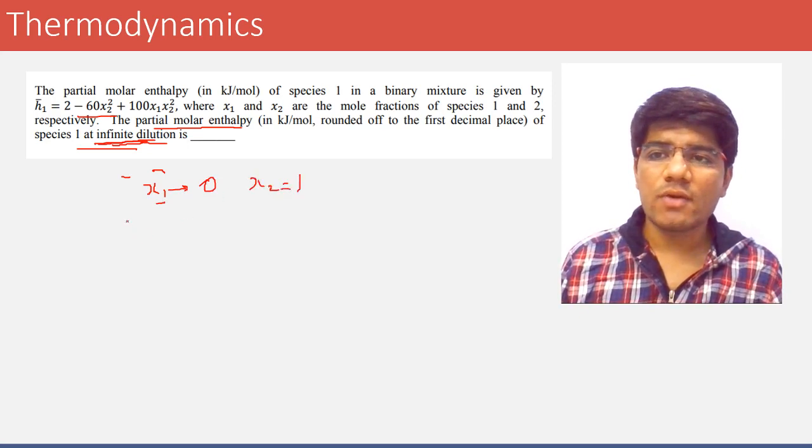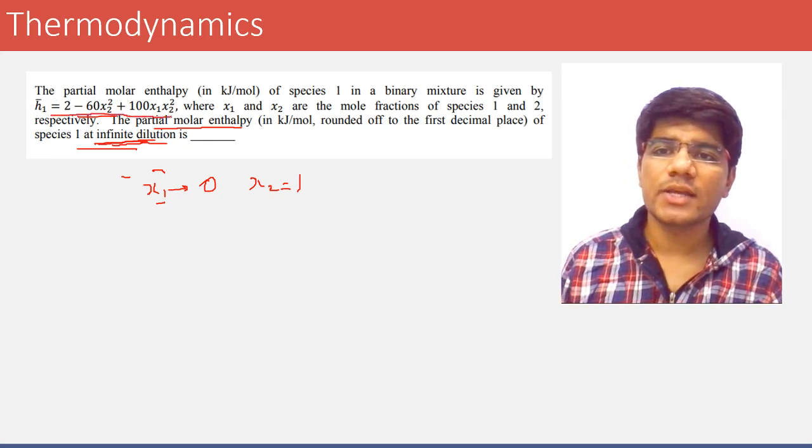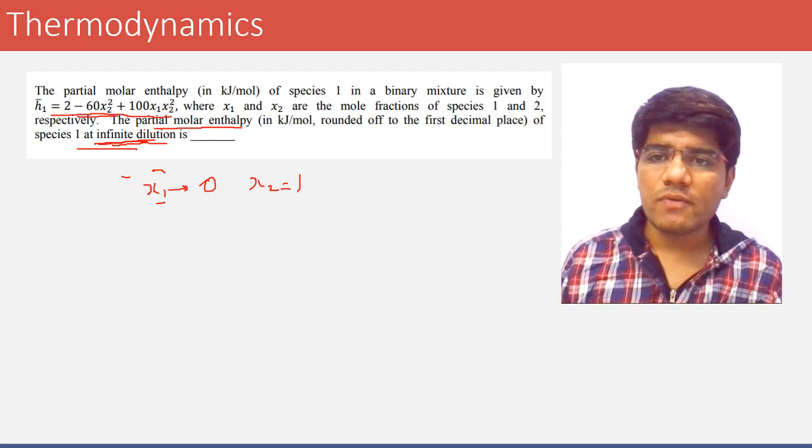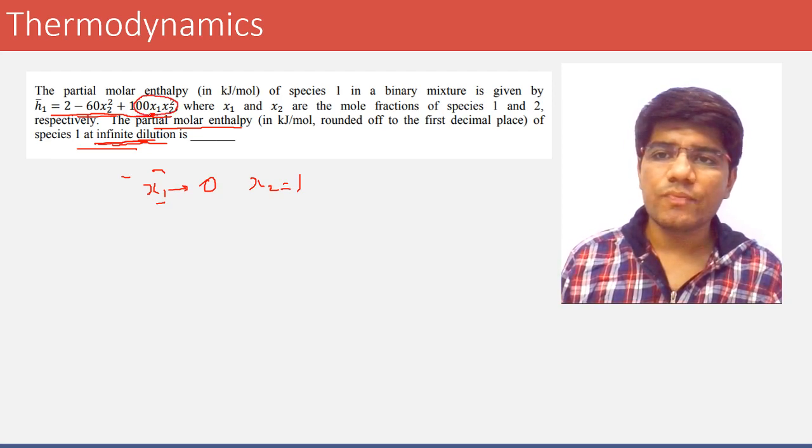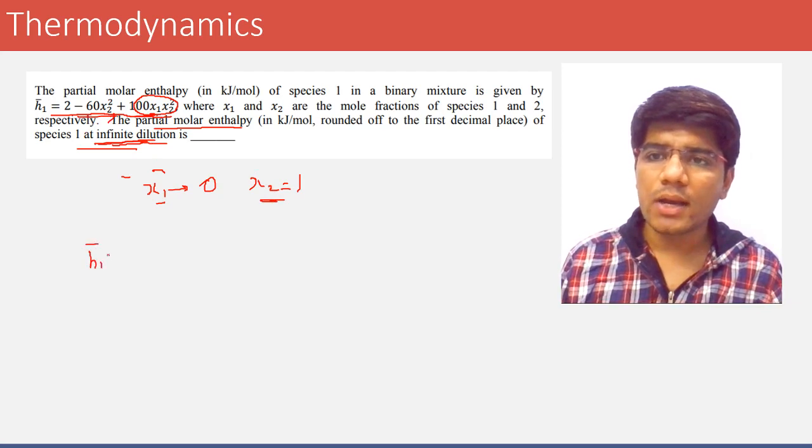So here we are given h1 equal to 2 minus 60 x2 square plus 100 x1 x2 square. In this form, if we keep x1 equal to 0, this whole term tends to 0. Now if we keep x2 equal to 1, we get h1 bar equal to minus 58.